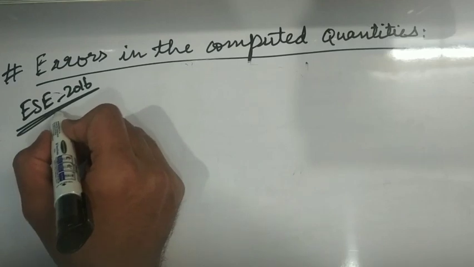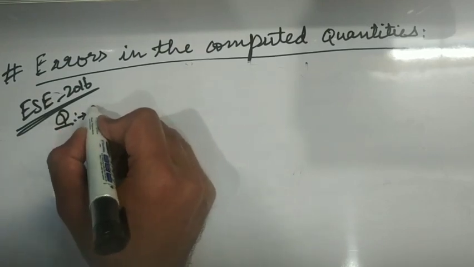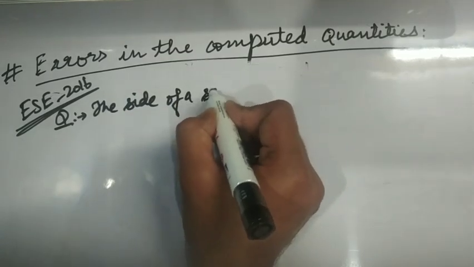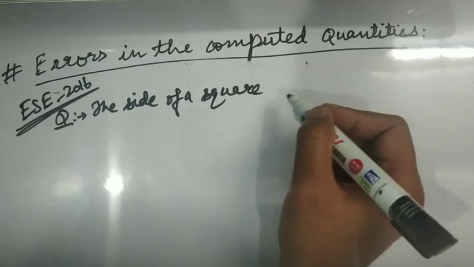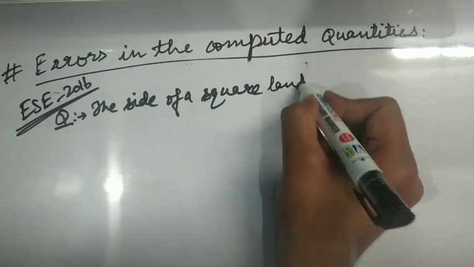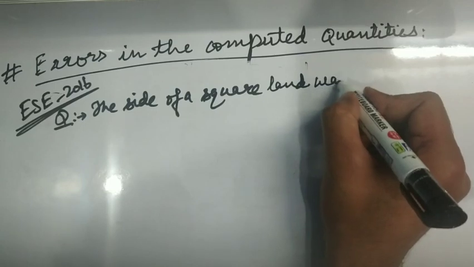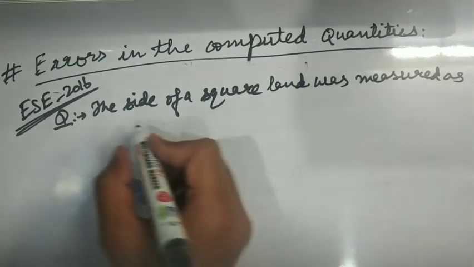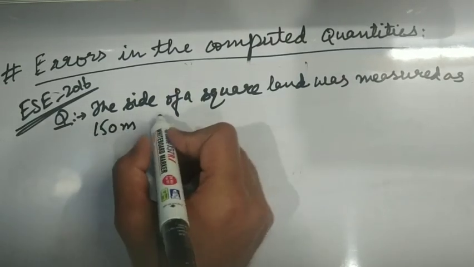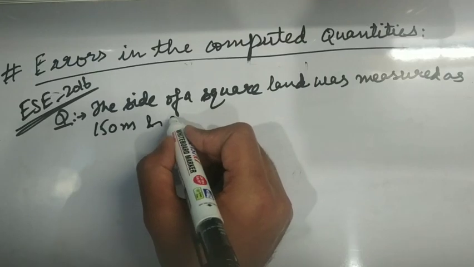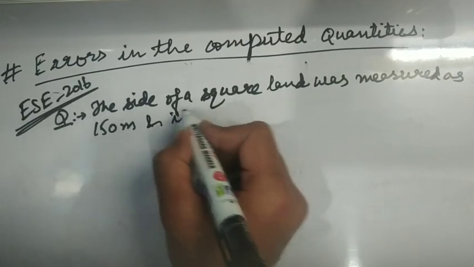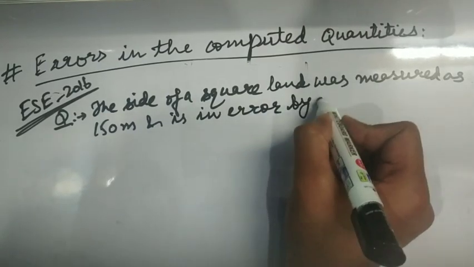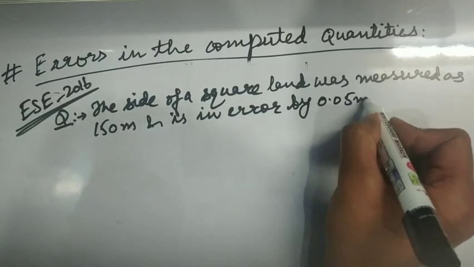The question simply says the side of a square land was measured as 150 meter and is in error by 0.05 meter.